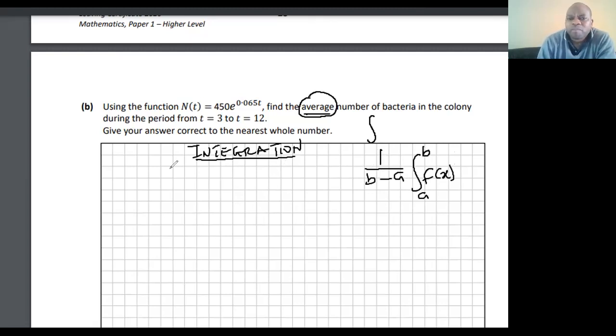It means that you write 1 over the interval from 12 to 3, then the integral from 12 to 3, and your equation, which is the growth of the bacteria, is 0.065t.